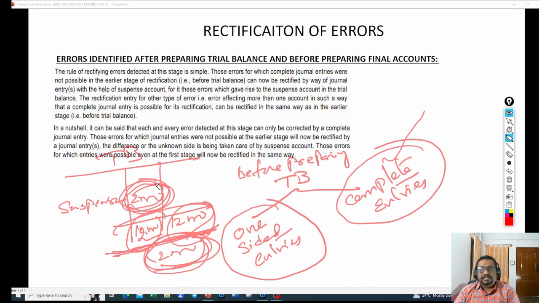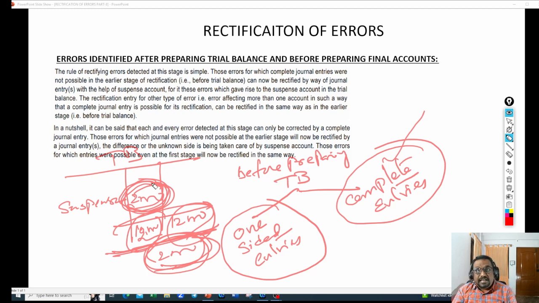Only complete entries. How come, Krishna? In first stage you said one-sided entries have to be prepared if that has impact on one account. But now you are saying even though it is a one-sided impact, complete entry is possible? Complete entry is possible in second stage because the difference has been transferred to suspense account after preparing trial balance.